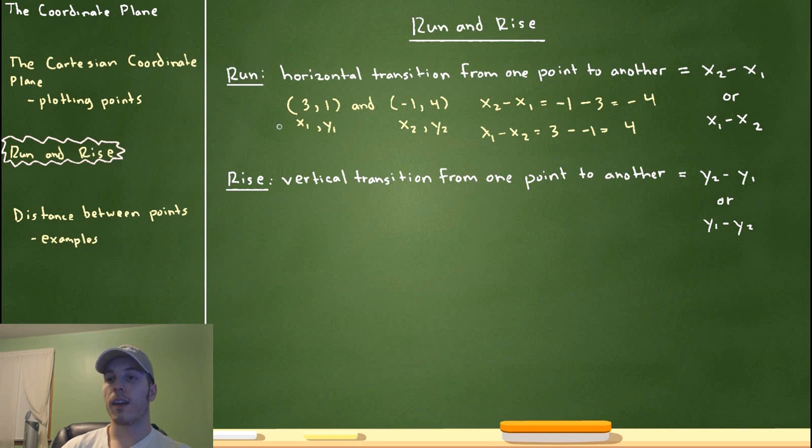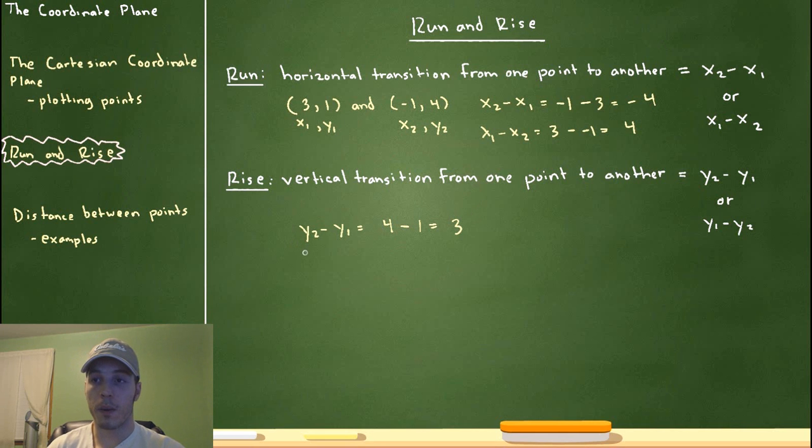Same goes for the rise. So if we have the same points for the rise, okay, y2 minus y1, that's going to be 4 minus 1, which is 3. And if I do it the other way around, I should get -3.